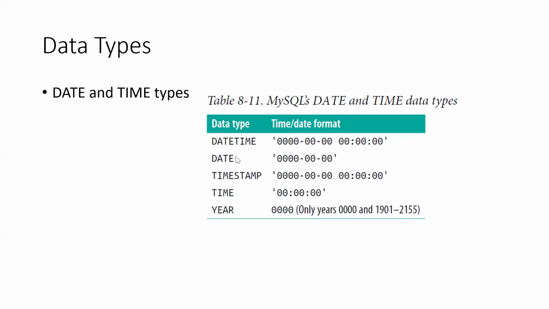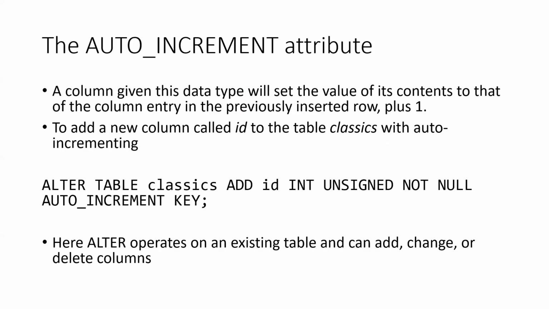Now, sometimes we want to create some fields which we want to automatically increase. For example, let's say we have a column called ID, and we want to start from 1, 2, 3, 4 like that. That means automatically we want to start with 1, then the second time we want to have 2, 3, 4, 5, 6, and so on.